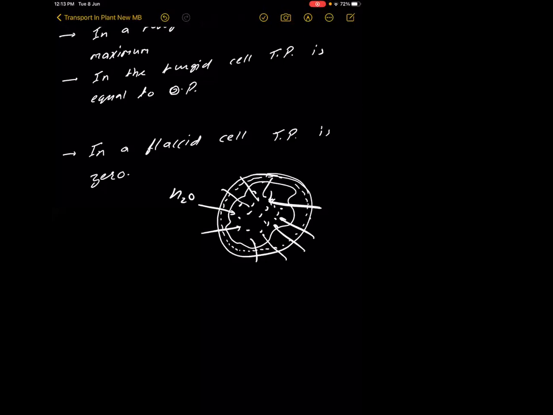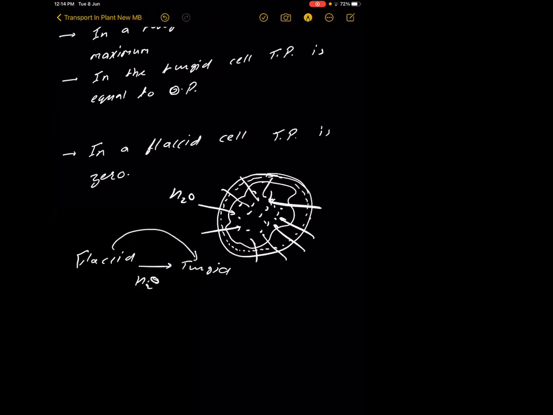Sir, when water molecules enter the flaccid cell, again turgor pressure increases, no, sir? Yes, from flaccid to turgid condition. It is because of water molecules. If water molecules enter, the cell becomes turgid.